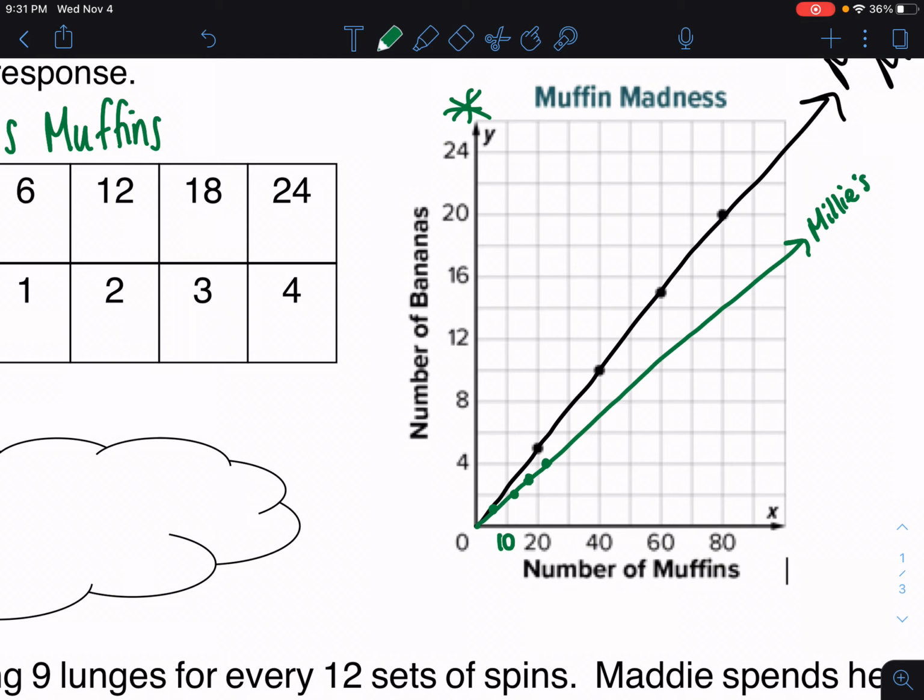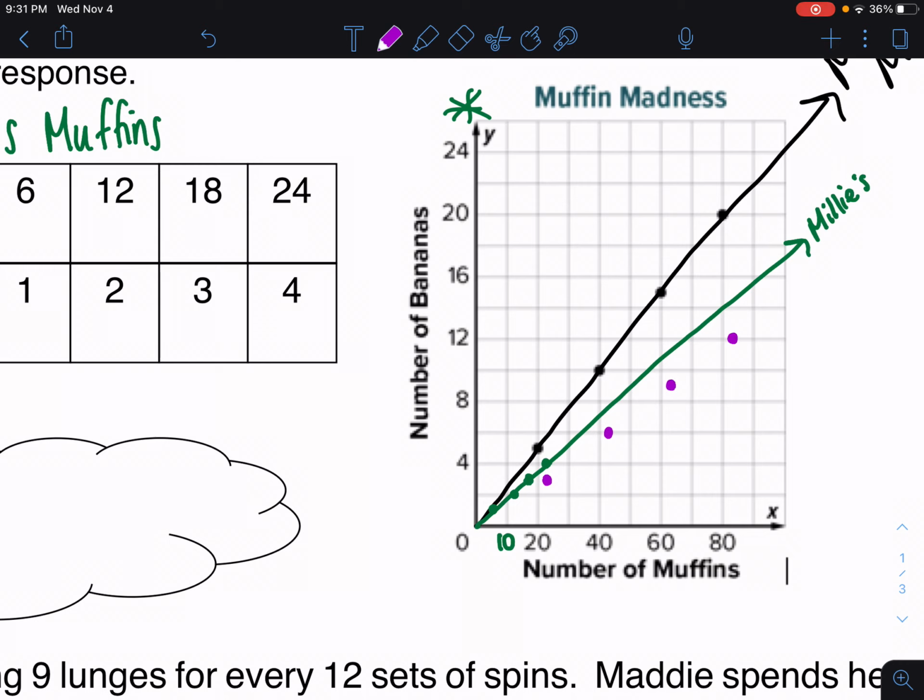And then for the first table, Matthew's Bakery, it was over to 21 and up 3. So 3 is going to be here in the middle. 42 up 6, which is going to be this line. 63 up 9, which is going to be in between. And then 84 up 12 is going to be touching that 12 line.